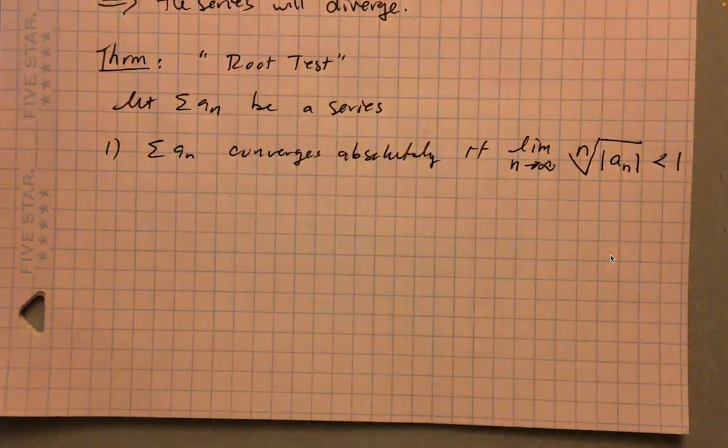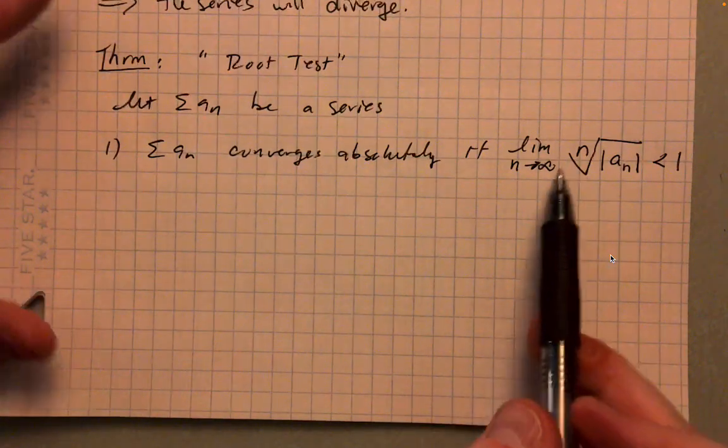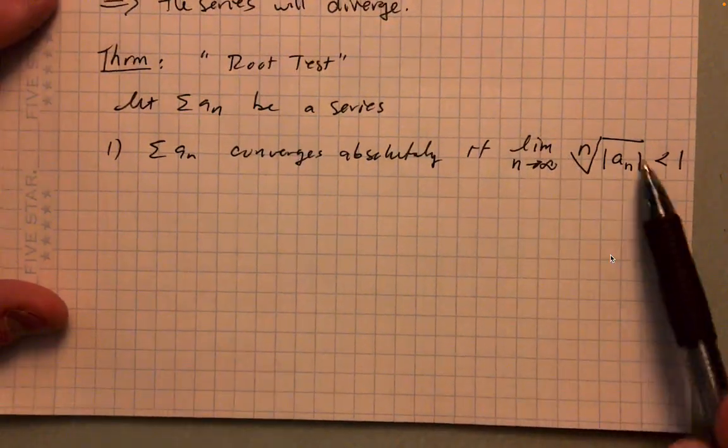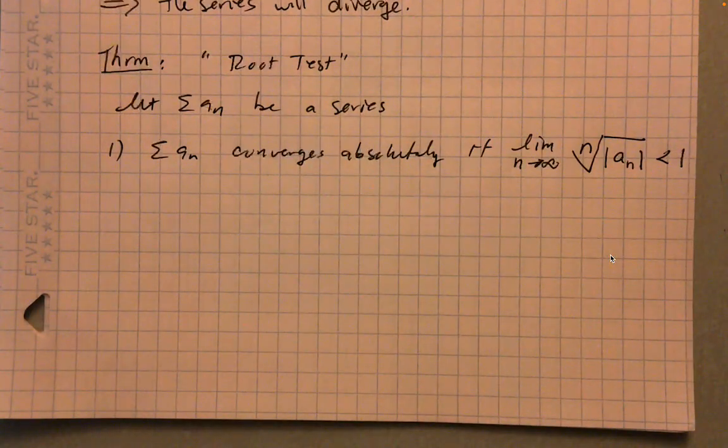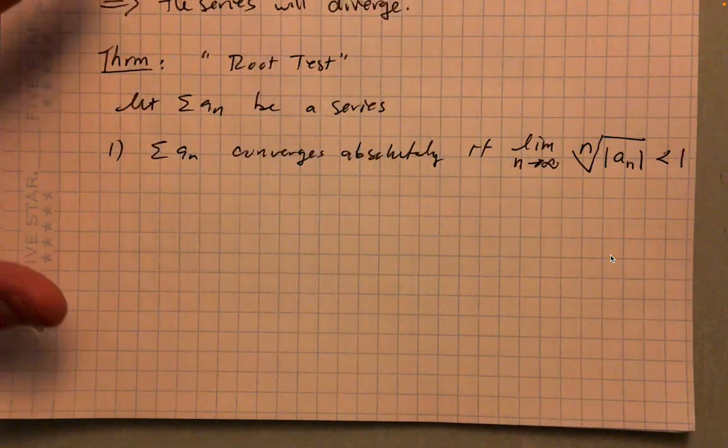So that's one that probably you didn't expect, right? But if the nth root of the absolute value of the terms of the series heads off to any value less than 1, then the series must converge absolutely.